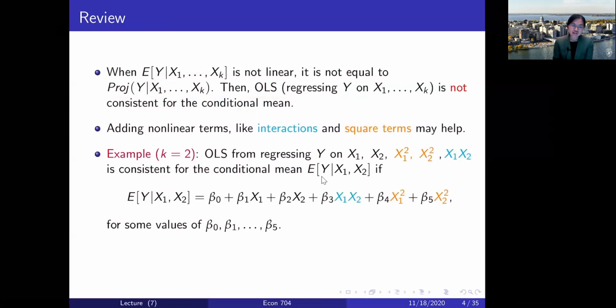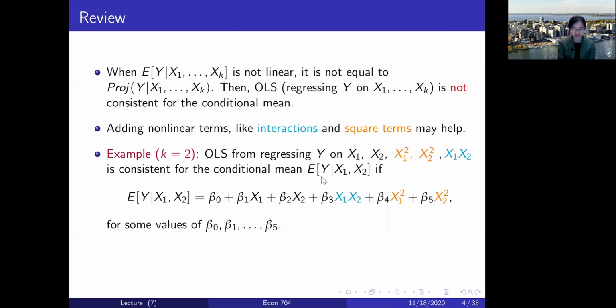In that case, this conditional mean function is not linear. Clearly, adding nonlinear terms will help because that will relax the linearity assumption. Adding nonlinear terms will make assumption A1 more reasonable, like adding interactions between variables or adding square terms. These all could help.